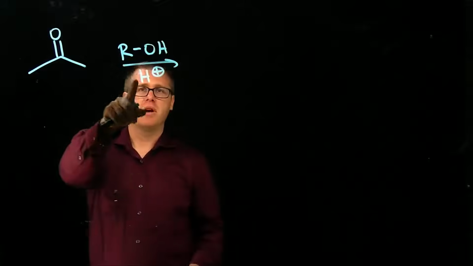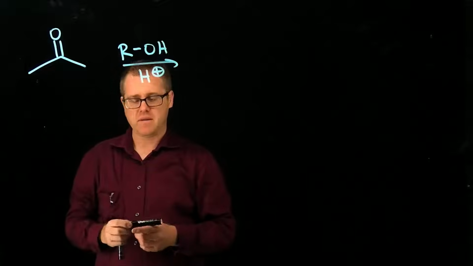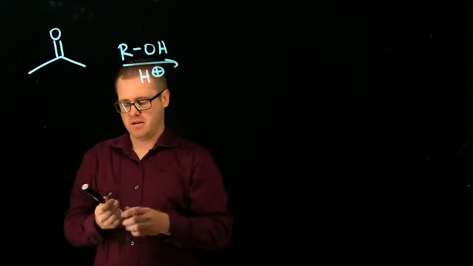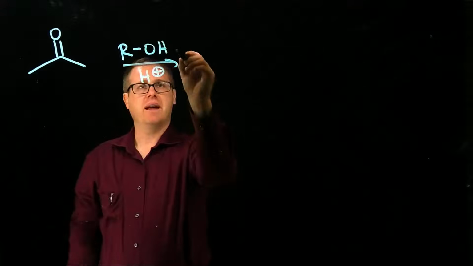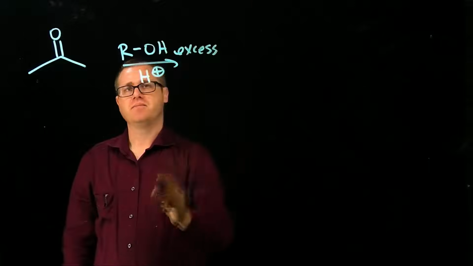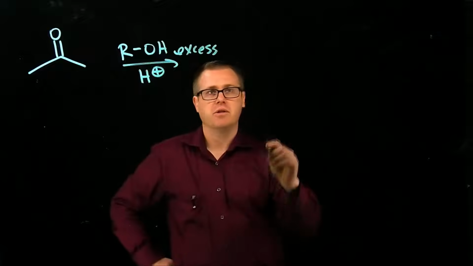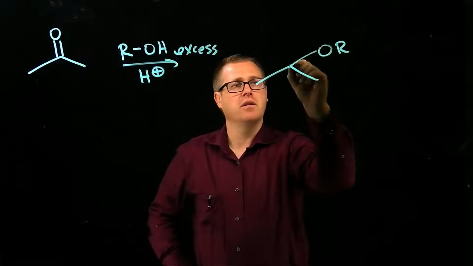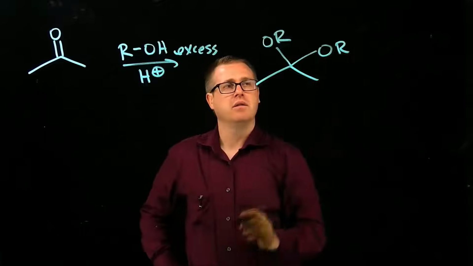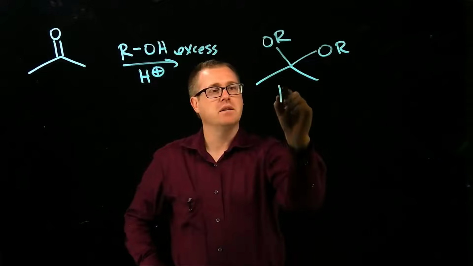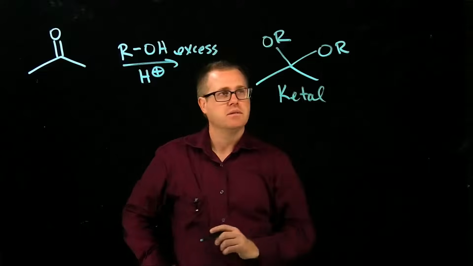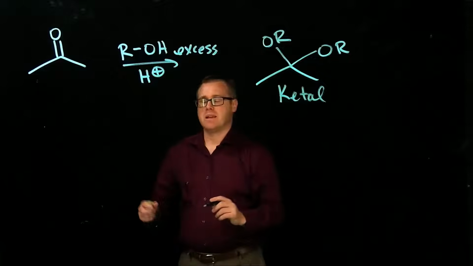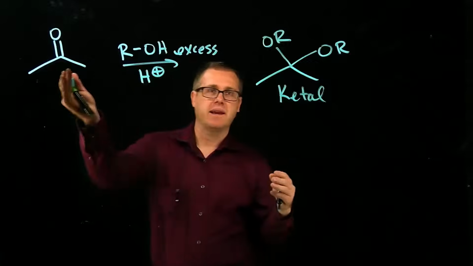So what would the product be when you have this reaction here? And let's say we have excess of that. You're going to generate what? What's that? The ketal? Now, think in your mind, what was the mechanism to get there?